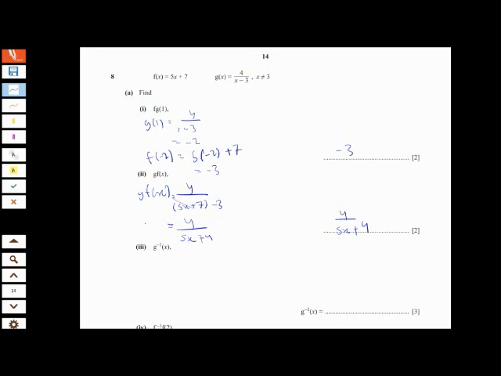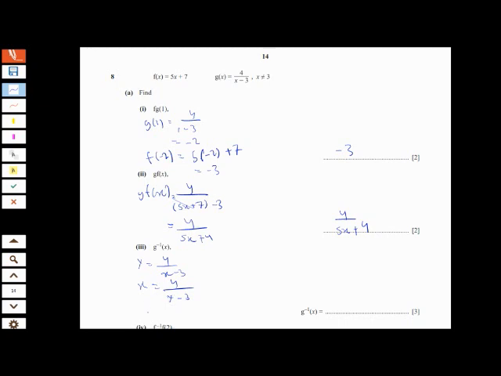Now g inverse. Let y equal g, and write y equals 4 over x minus 3. And now swap x and y. Make y the subject.